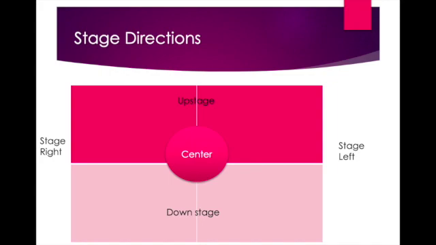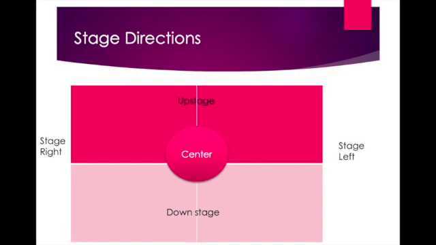Earlier in the creation of theater as we know it now, the stage was on an incline, so the performers would walk down the stage, down towards the audience, and upstage would take you up and away from the audience. So think about it like that: down towards the audience or up and away from the audience.